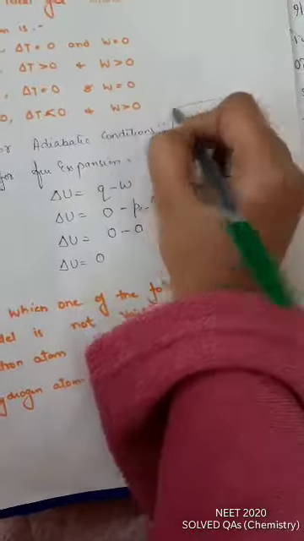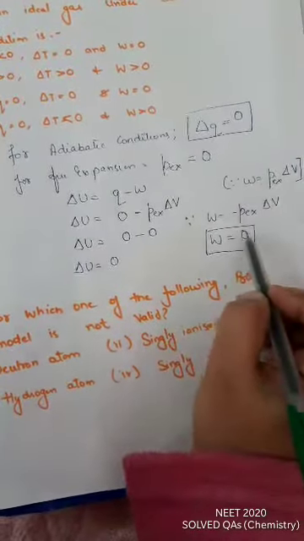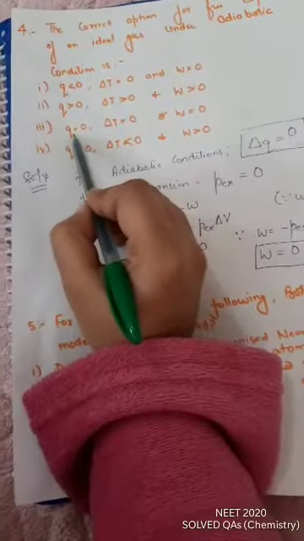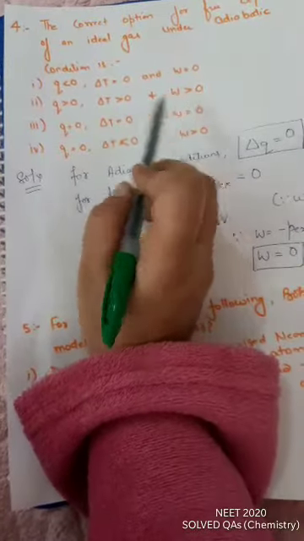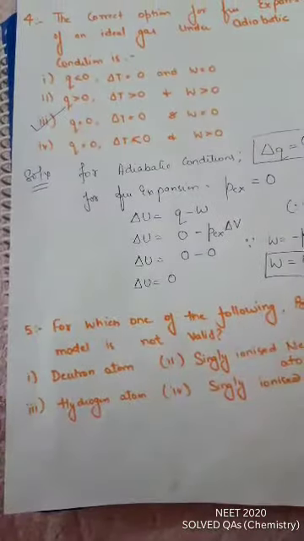So the option which has Q equal to 0, work equal to 0, and also delta U equal to 0 will be our correct answer. So this is the correct answer.